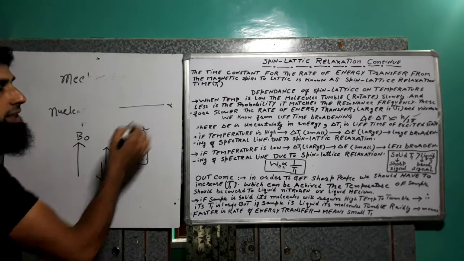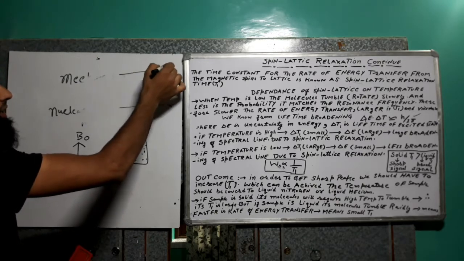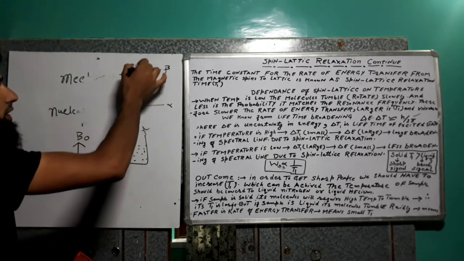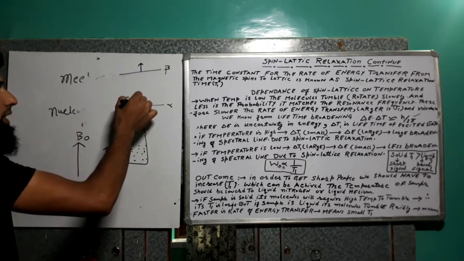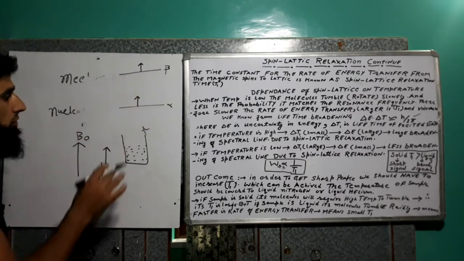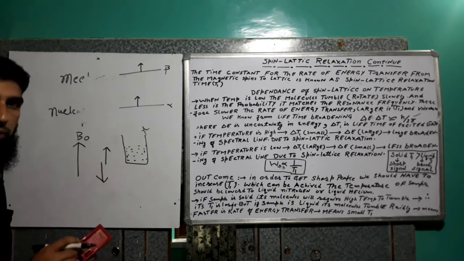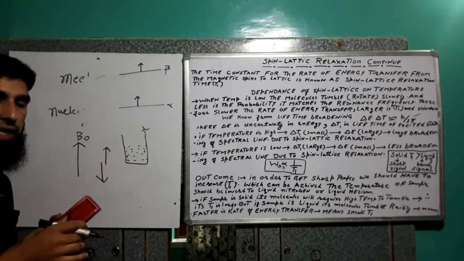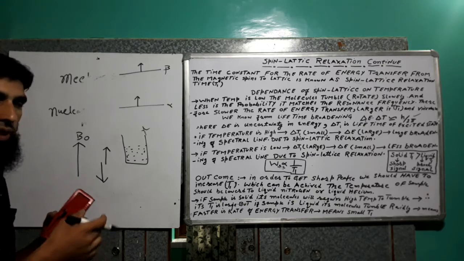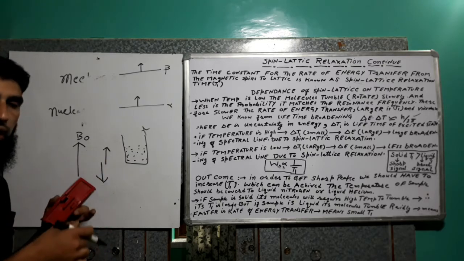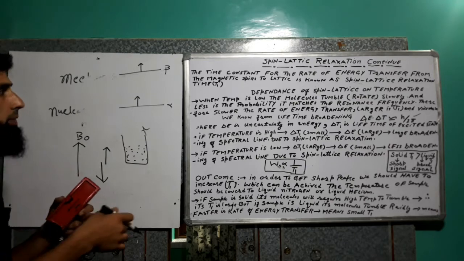This is an alpha energy level, and this is another energy level, the beta energy level. Some nuclear spins are in the beta energy state and some nuclear spins are in the alpha energy state. When this fluctuating magnetic field frequency matches the resonance frequency, we say the resonance frequency and this magnetic field frequency are in phase. When they are in phase, what happens at that time?